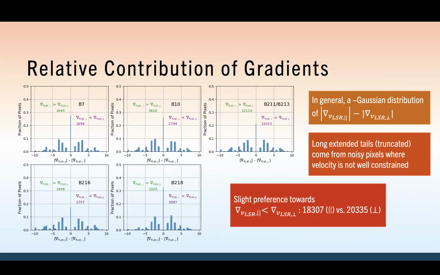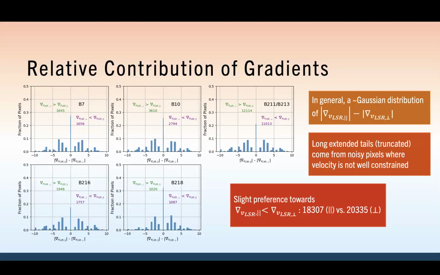The other thing that we can look at is the relative contribution of each of these gradients. So on the left side of each of these plots, you'll see where the absolute value of the perpendicular gradient is larger than the absolute value of the parallel gradient for the same pixel.